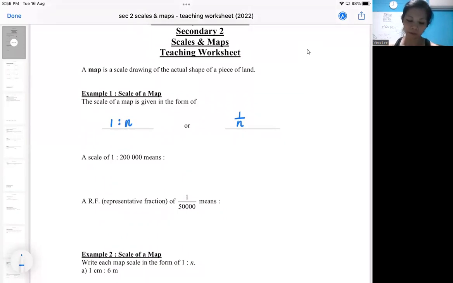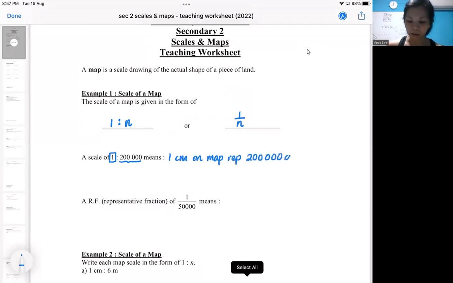For example, here, the number is quite huge. It's always in centimeter. This part is always the map, so it represents 1 centimeter on the map representing 200,000 centimeter actual distance.